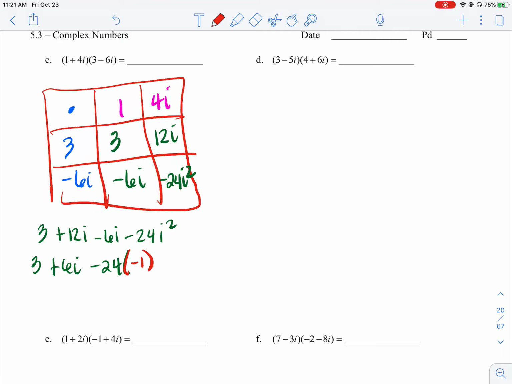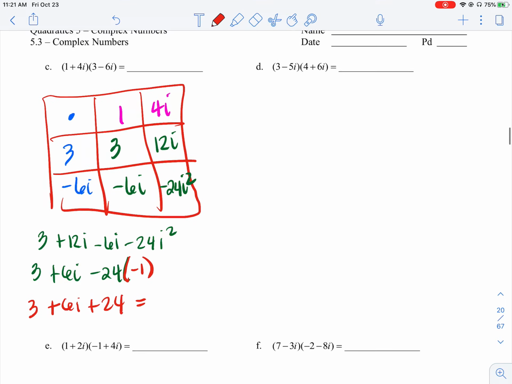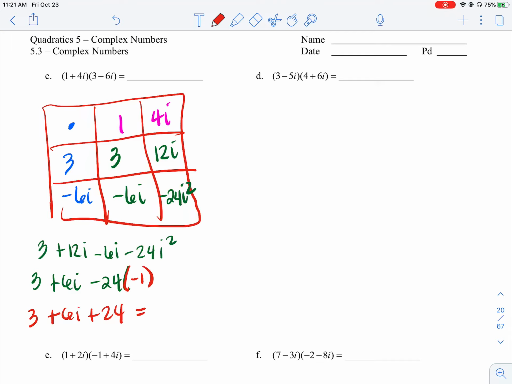So moving forward, you have 3 plus 6i plus 24, because negative 24 times negative 1 is a positive 24. And so your final answer is 27 plus 6i, combining 3 and 24. Okay, do you guys like the box, or would you stick to the FOIL method?